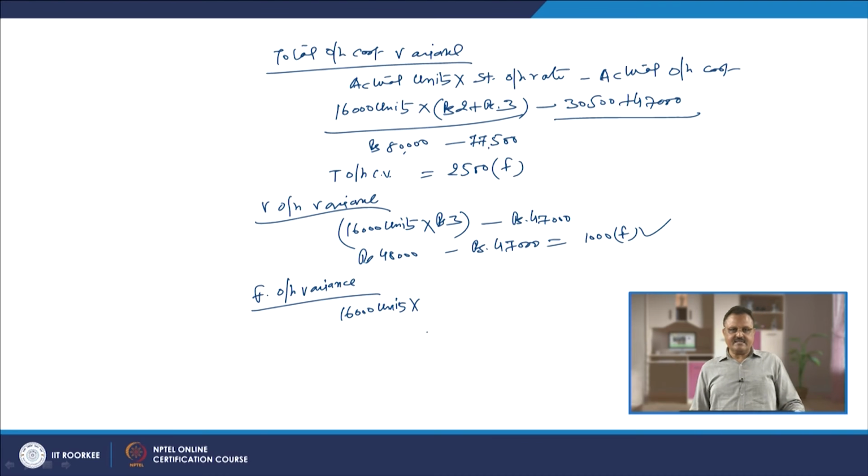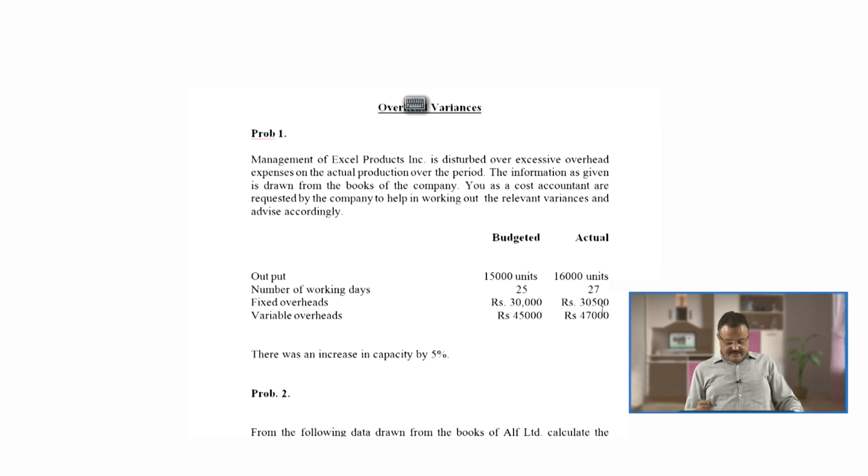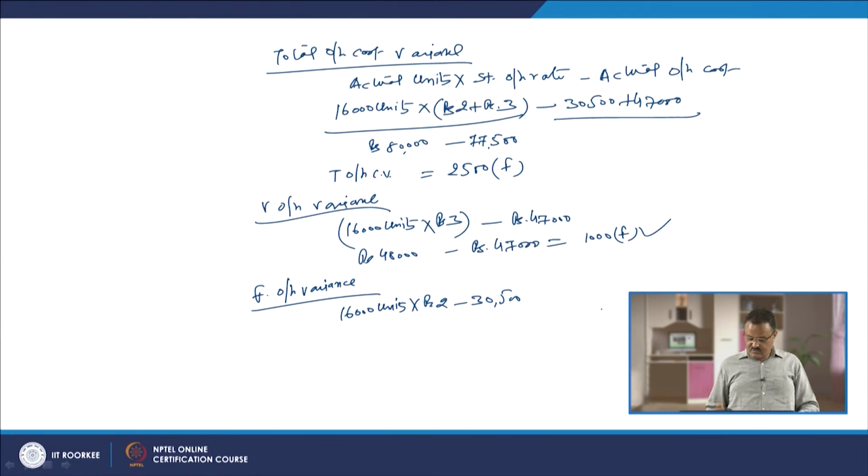Fixed overheads are 30,000, and standard production is 15,000. So, this rate is rupees 2, and minus what is the fixed overhead cost? This amount is 30,500. This is the actual fixed overhead cost.